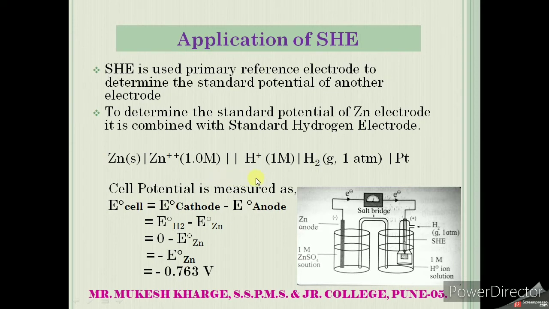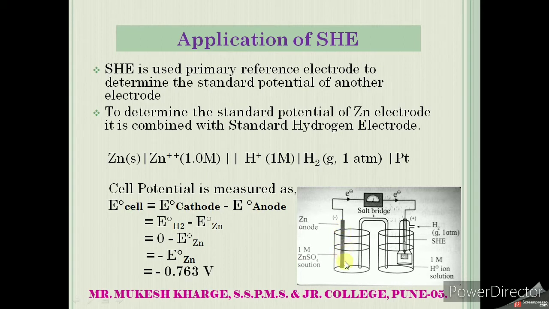So let us see the diagram. In this diagram, on right hand side the SHE is placed, and in left hand side of your cell zinc electrode is placed. So let us see the construction of these two half cells.